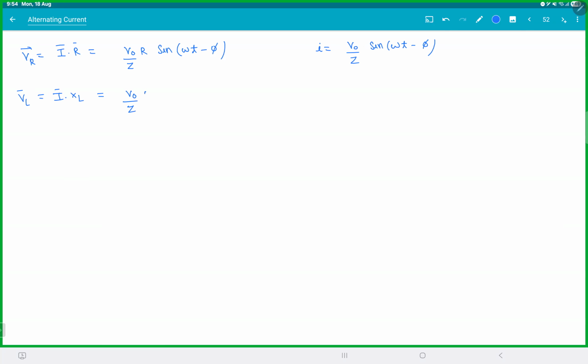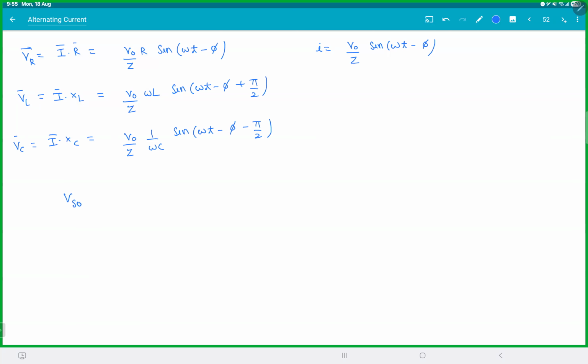This will be V naught by Z omega L sine omega t minus phi plus 90. That is minus 90 for the capacitor. So there are a few things here.